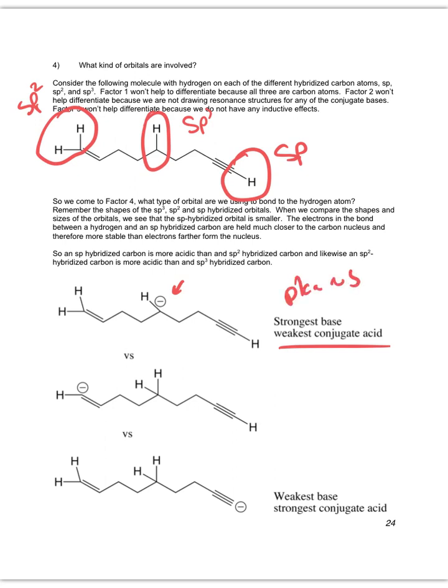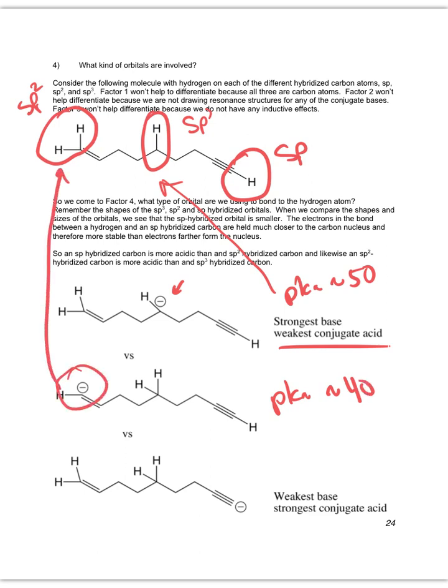We said it had a pKa of basically 50 for the sp3 hybridized carbon. The sp2 hybridized carbon is somewhere 38 to 40. And then the sp is in the mid-20s.